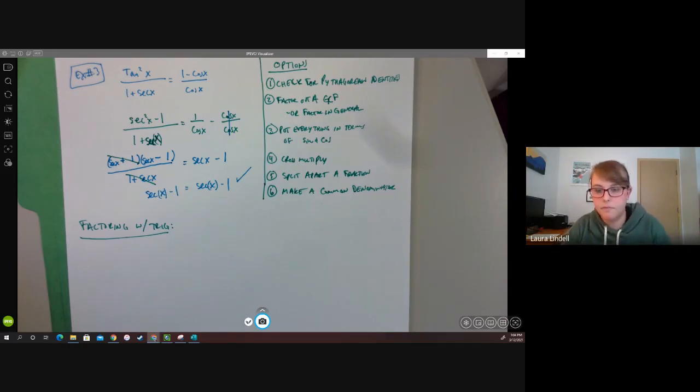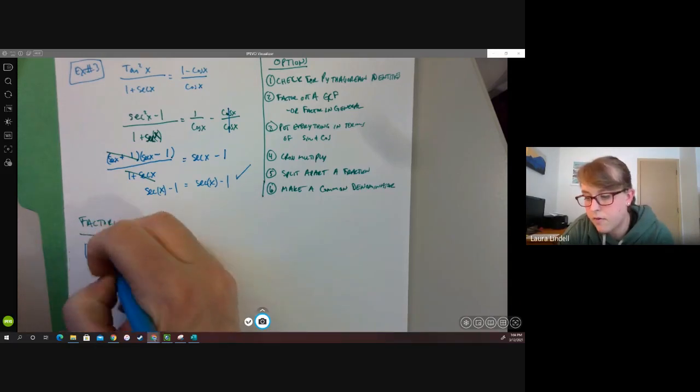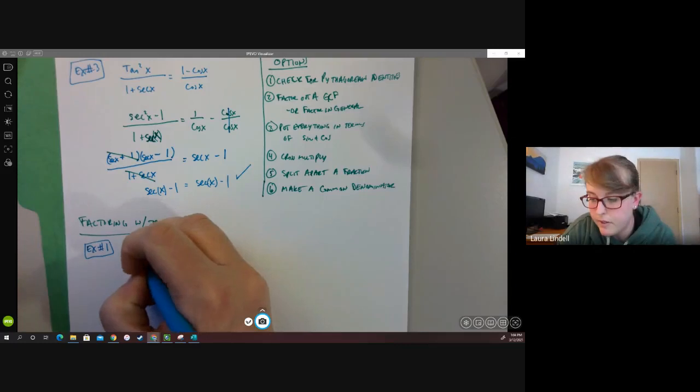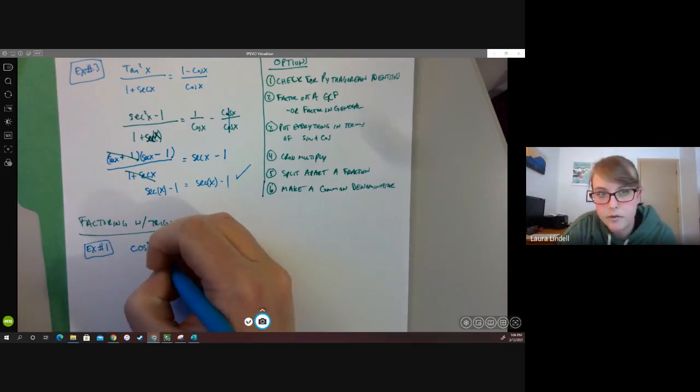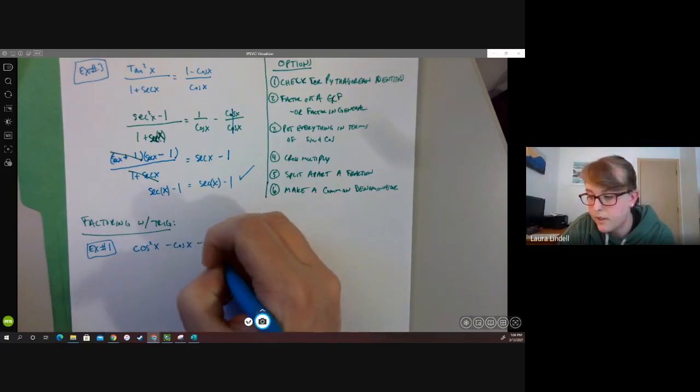So first example for factoring. This one will be pretty simple. We'll start easy. Cosine squared minus cosine minus 6.